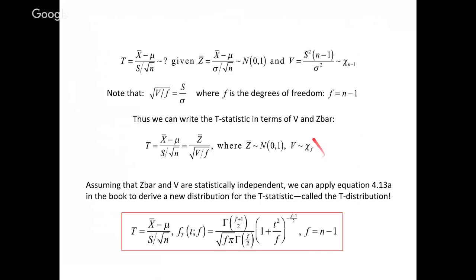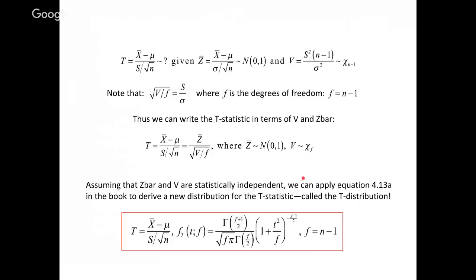That's the thing we were looking for. The rest is just math, because we've expressed t in terms of z bar and v, for which we know the distributions. z bar is distributed as a standard normal, and v is distributed as a chi-square distribution with degrees of freedom f.